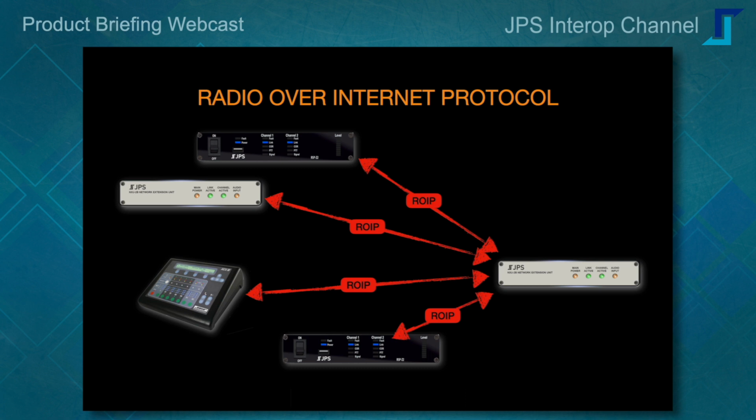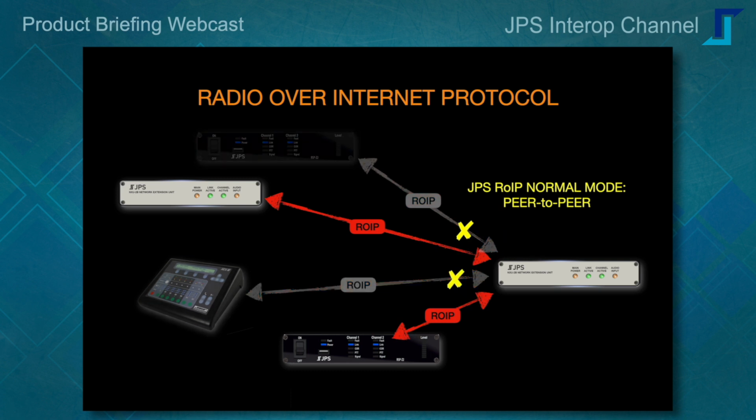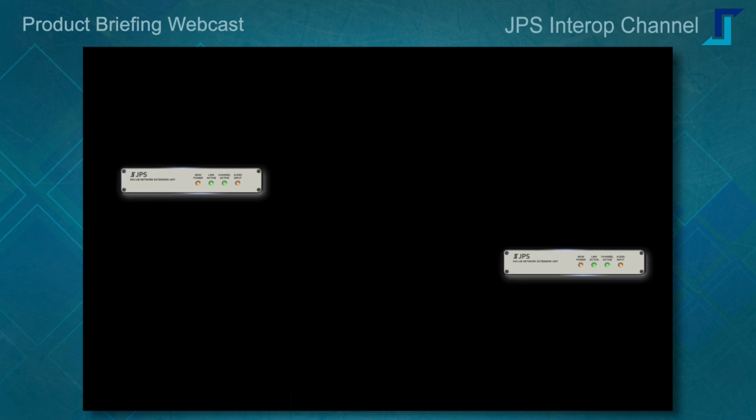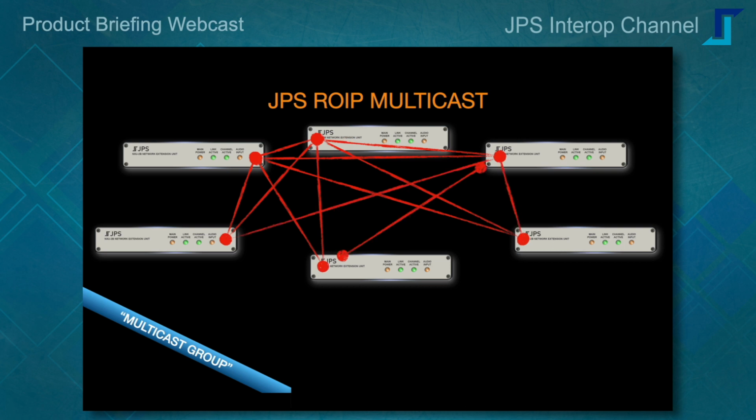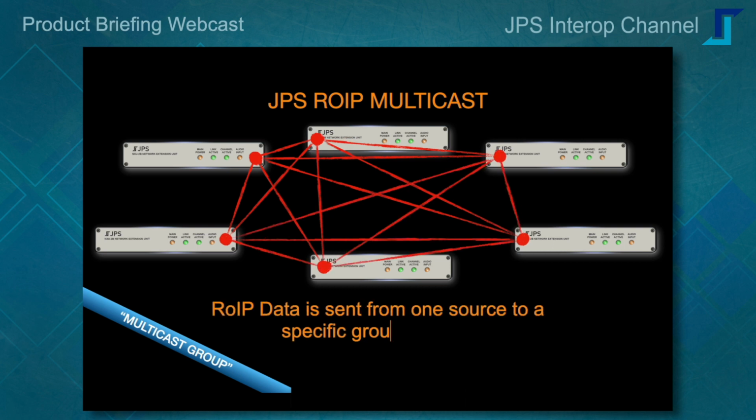One of the characteristics of JPS RoIP in one of its configurations is that it's unicast, meaning I cannot create a multicast or many-to-one type of situation. As you can see here, we can only create that peer-to-peer connection. Depending on the JPS gateway, we do in some cases support multicast.